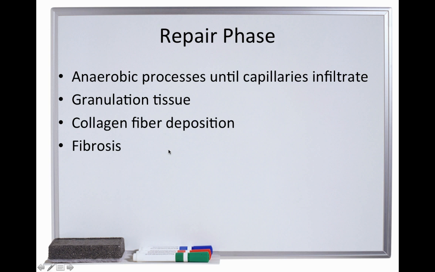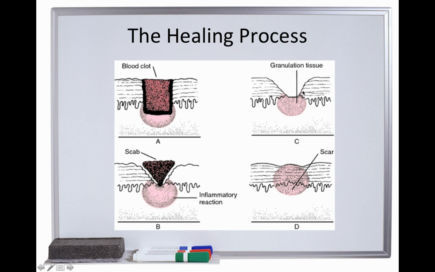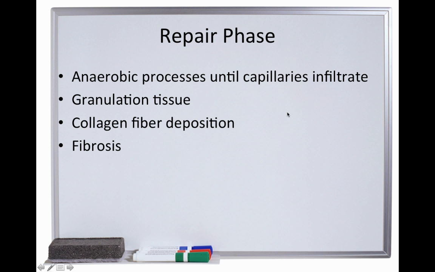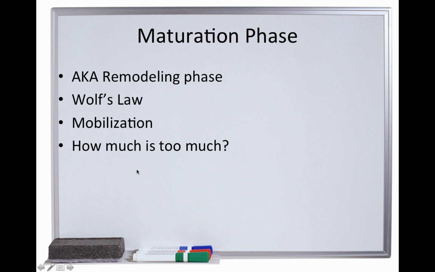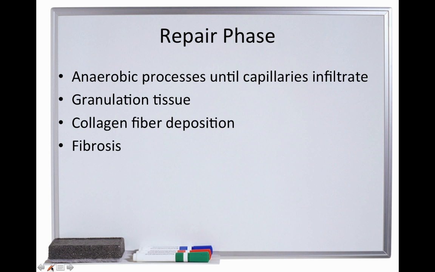In the repair phase, the processes that are occurring are all anaerobic. So this coming in of the blood clot and scab formation until you start to get into the phase where capillaries are reconnecting. So if you have two damaged tissue ends here, here's your granular tissue underneath.